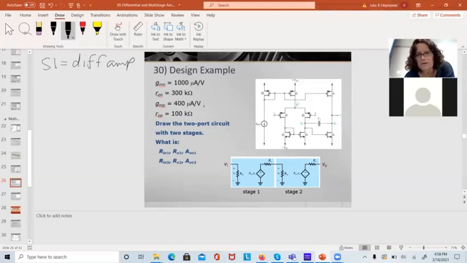Its input resistance is the input resistance of a common source, looking in there. Rn1 is infinity. The output resistance is RO2 in parallel with RO4.